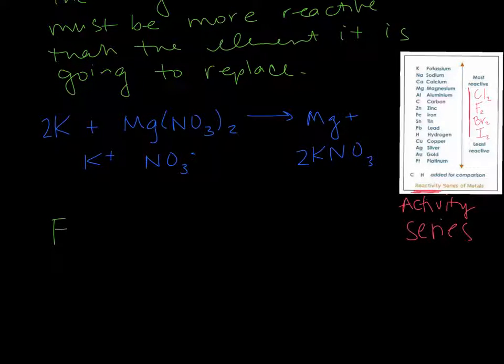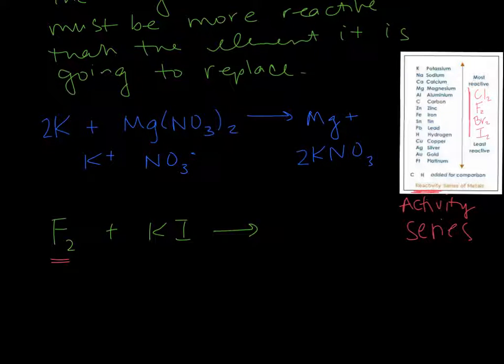All right. One more. So here, this time, fluorine is by itself, and so fluorine isn't in this activity series right here, it's in this one. And so fluorine isn't going to replace potassium because we have no comparison for those two. And not only that, fluorine would have a -1 charge in a compound, while potassium would have a +1 charge in a compound.